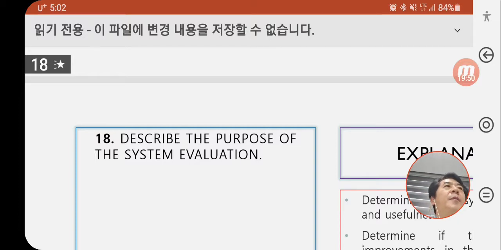Describe the purpose of the system evaluation. The purpose of this question is to understand the learning contents about the system evaluation.